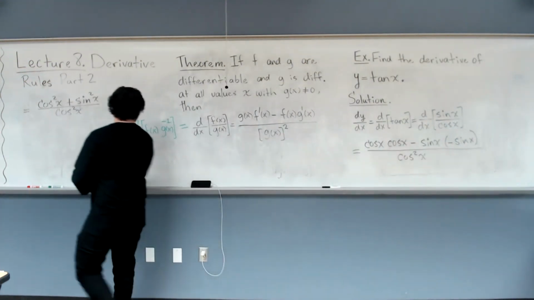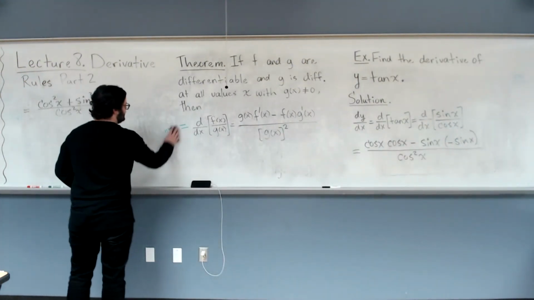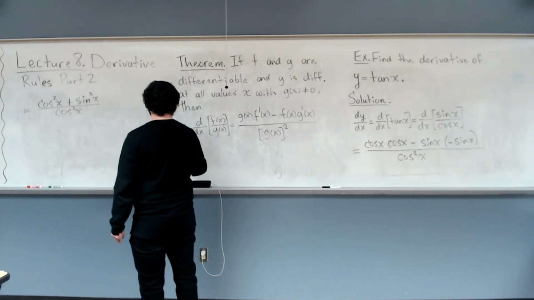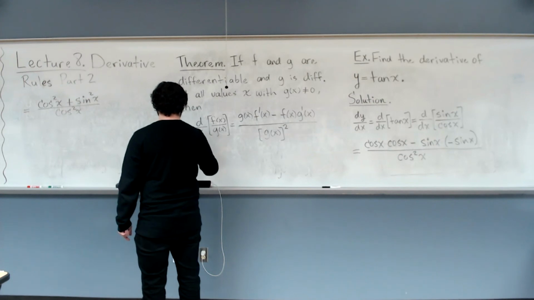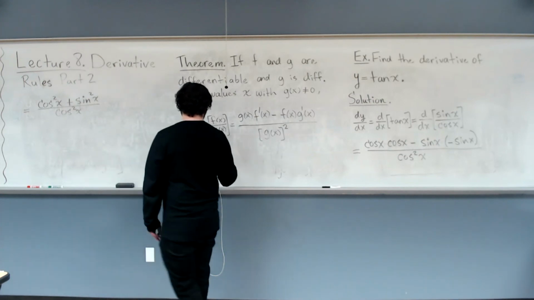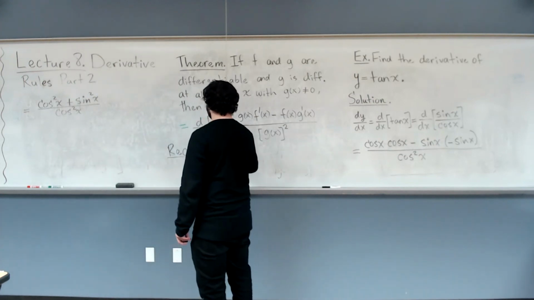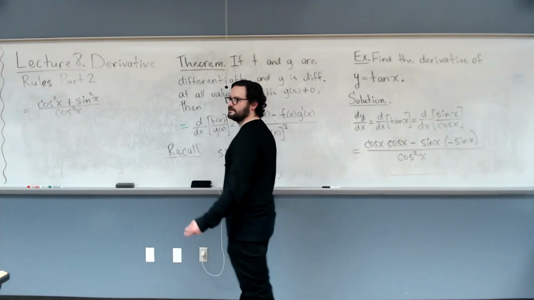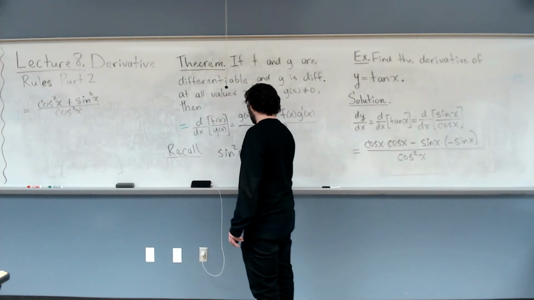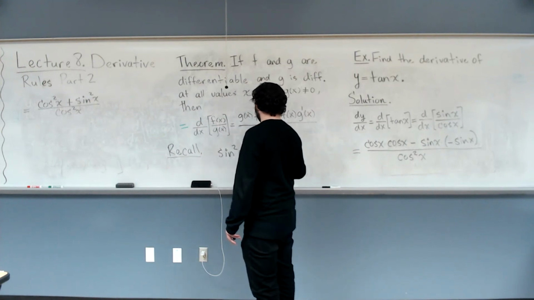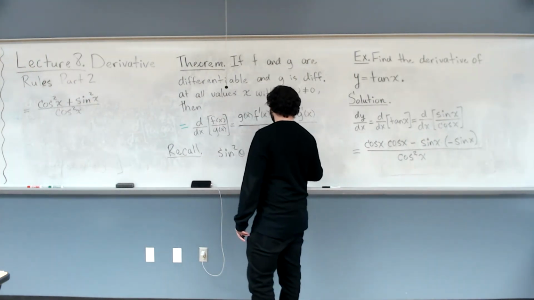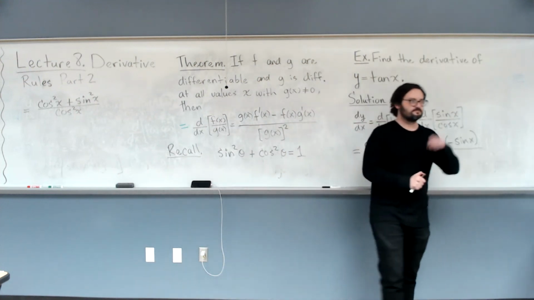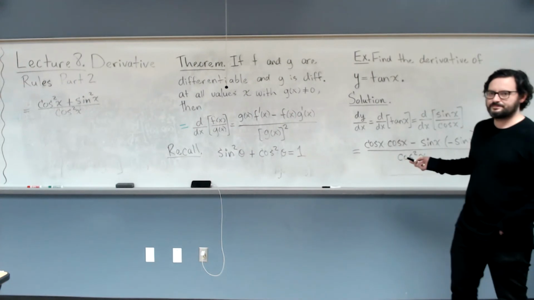So there's a very important identity from pre-cal and trig: sine squared theta, where theta can be anything, it can be x, plus cosine squared theta is equal to 1. You all recognize that?